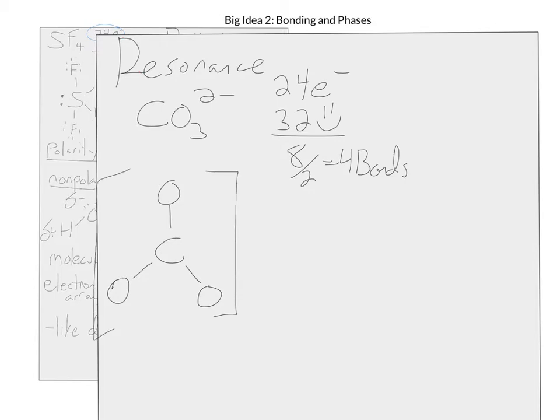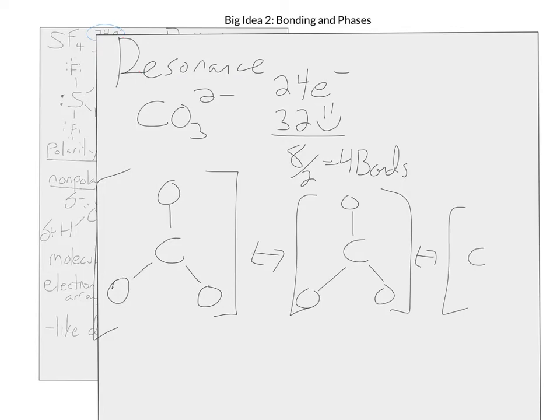So we have to draw all 3 structures. And we need these arrows in between because those arrows tell us that it's actually an average of all of them. None of them exist. So sometimes the double bond can be up there, sometimes it's there, and sometimes it's there. But it's not really a true double bond anywhere. It's a mixture of all 3.